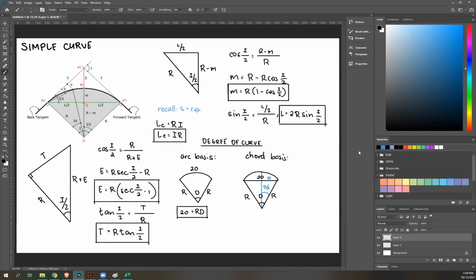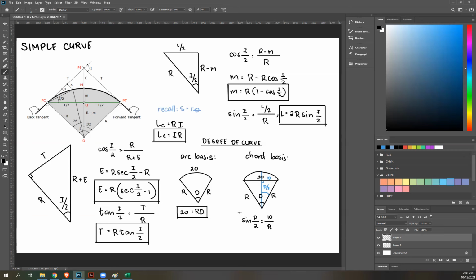Okay, and then we're going to use a trigonometric function, sine, because we got this right triangle over here now. And so sine of the angle, which is D over 2, equals opposite, which is 10, over R, which is your hypotenuse.